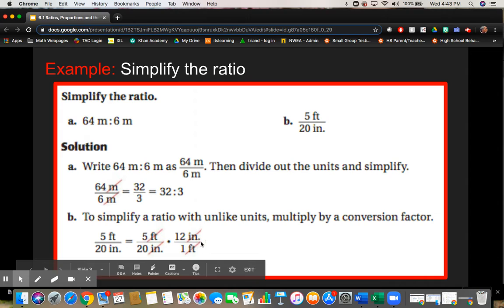Notice how I've got inches and inches, one on top, one on bottom. Feet and feet, one on top, one on bottom. That's what allows me to divide that out. Then I multiply straight across. 5 times 12 is 60. 20 times 1 is 20. And then I can simplify 60 over 20 as 3 over 1.